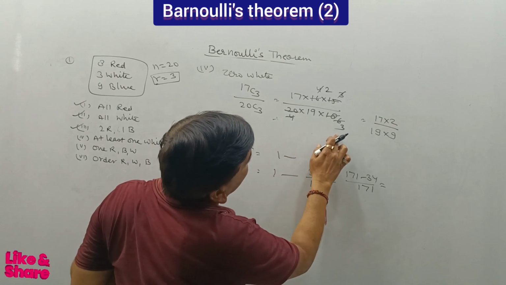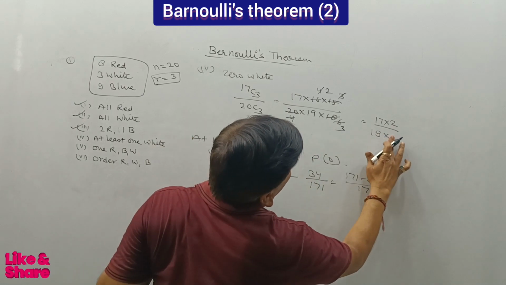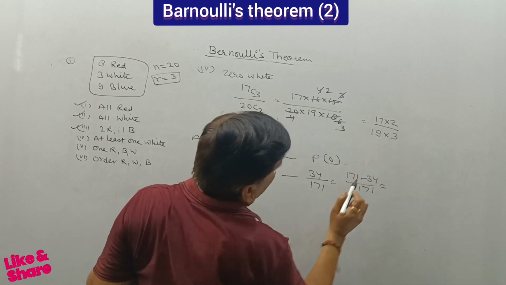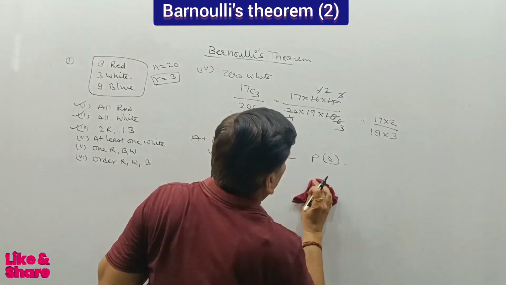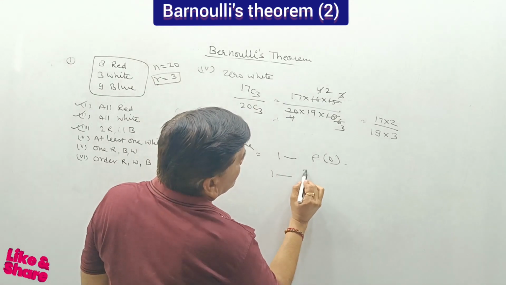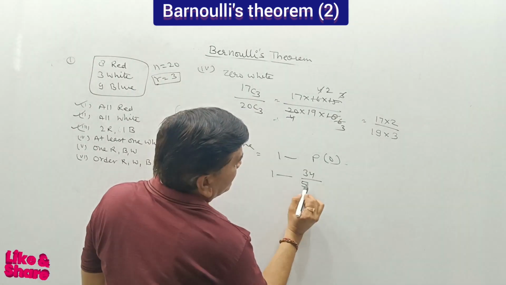So there is 19 multiply 3 only. This was the difference. So 1 minus 34 upon 57.